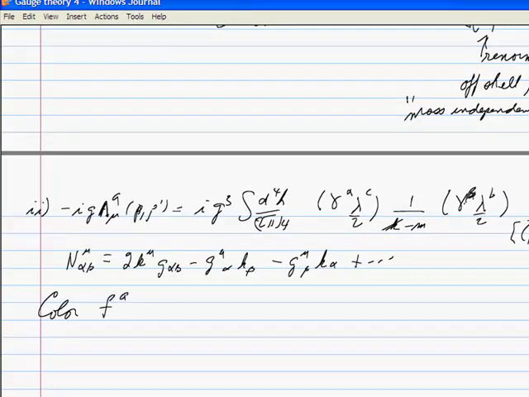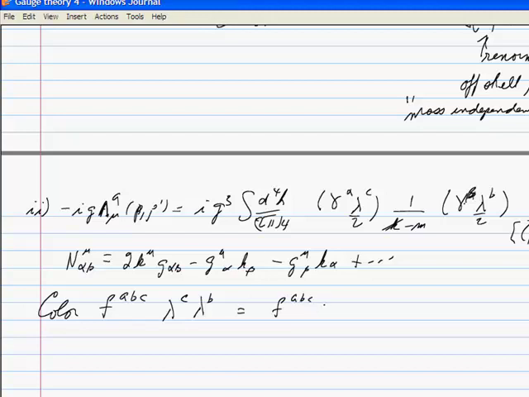We have F, A, B, C, lambda C, lambda B, and we have to evaluate that now. That's not one we did before, but it's not that hard to do because F is antisymmetric.